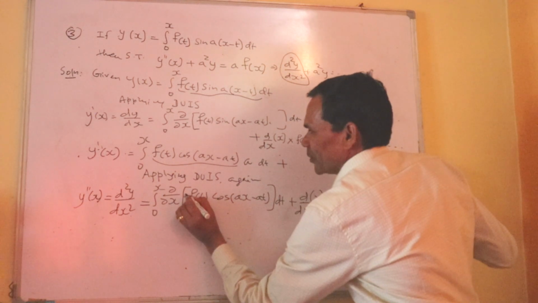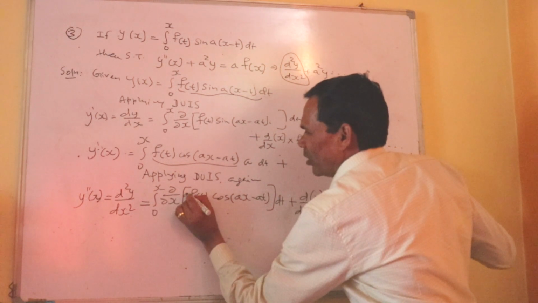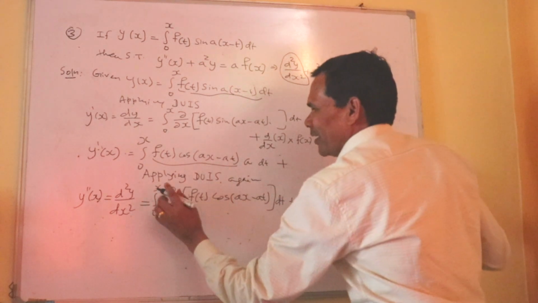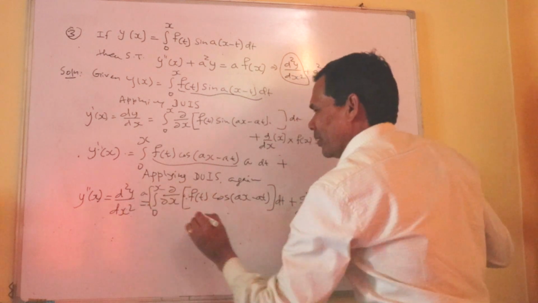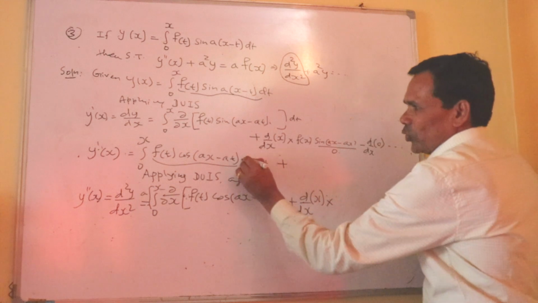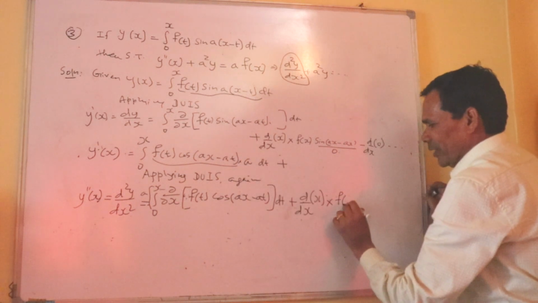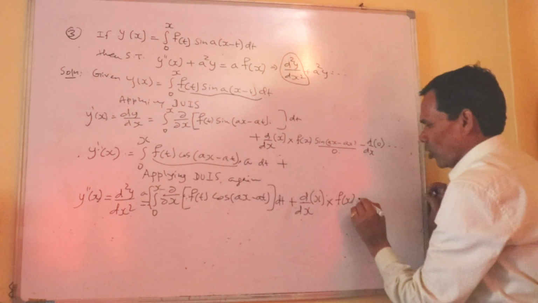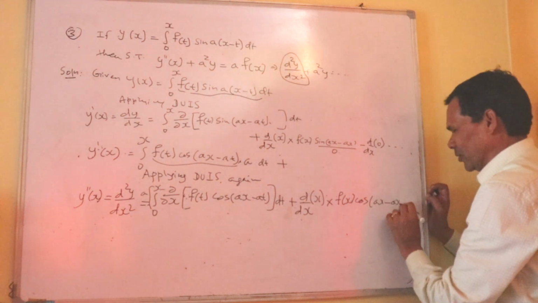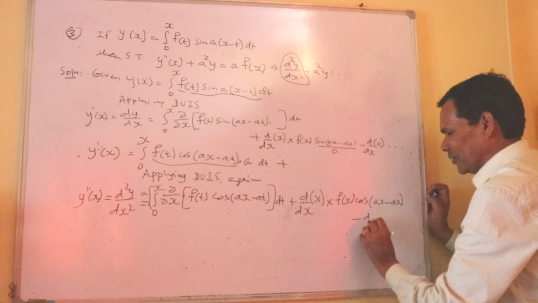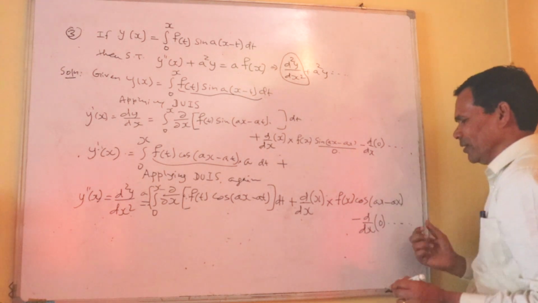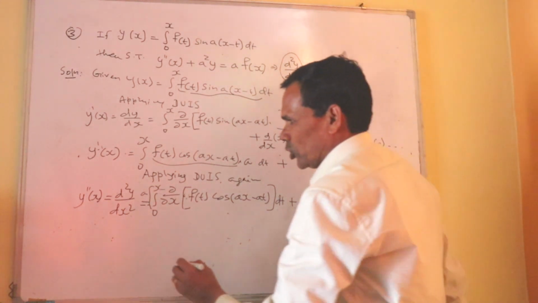Here a is there, so I take a outside completely. So this would be f of x, with t replaced by x, cos of a(x minus x), and the lower limit term is 0, so it need not be considered.